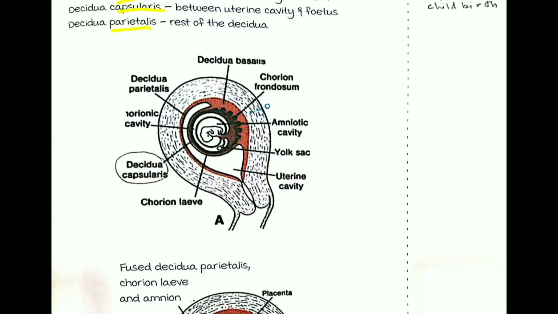This is decidua basalis, which lies between the myometrium of the uterus and the fetus. Then we have the decidua capsularis, which is like a capsule, separating the uterine cavity from the fetus. Then the rest of the decidua is called decidua parietalis.